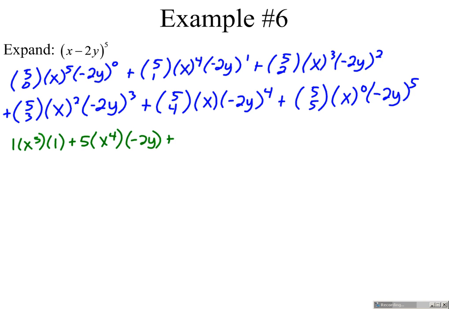plus 5 choose 2 is 10. X cubed, 4y squared. 5 choose 3 is 10. X squared, negative 8 y cubed plus 5 times x times positive 16 y to the 4th.